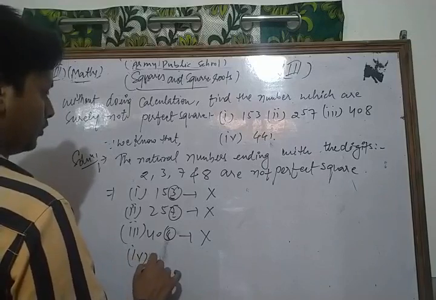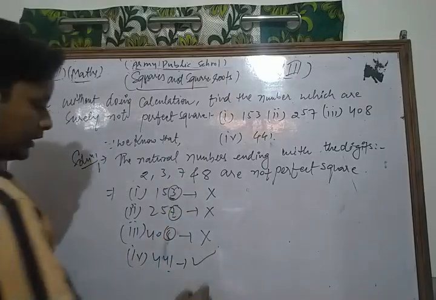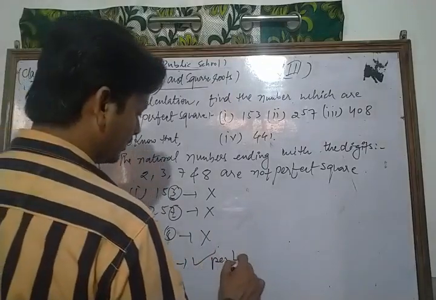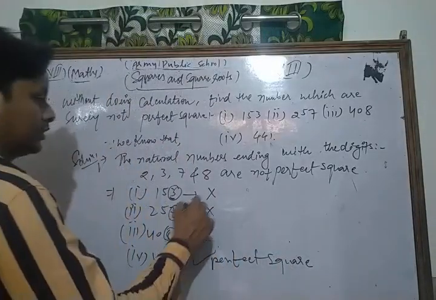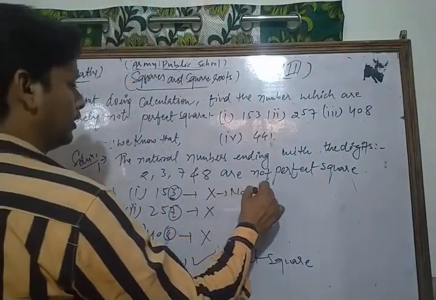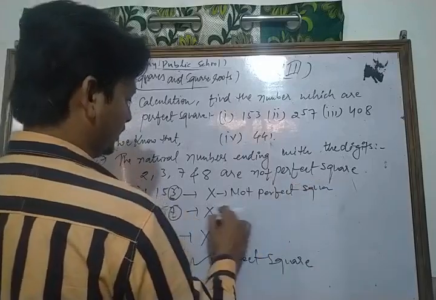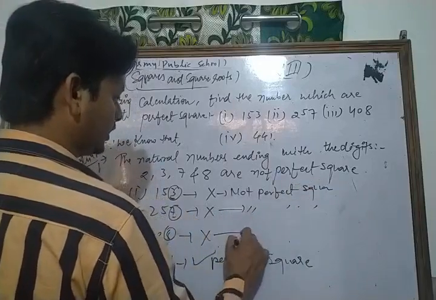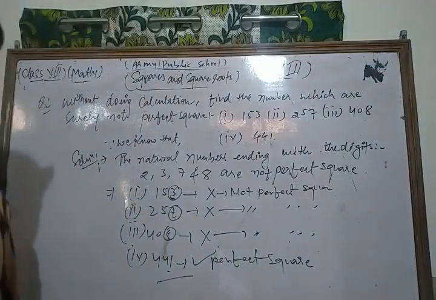And fourth one is 441 ending with 1, so it is a perfect square. Why is this a perfect square?